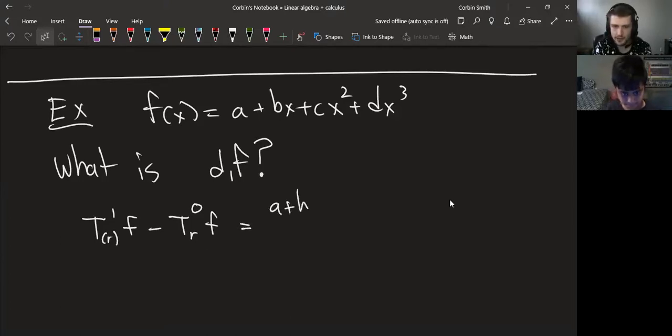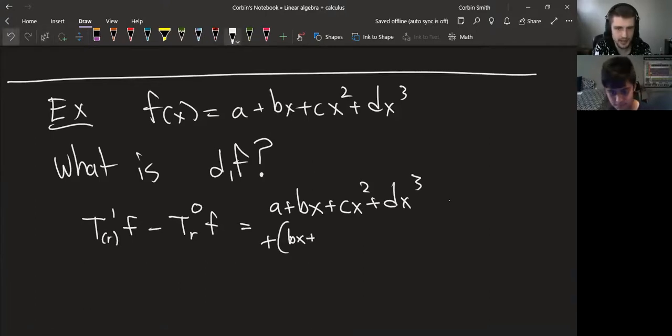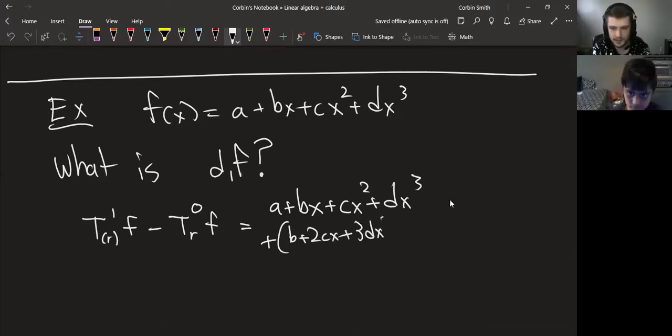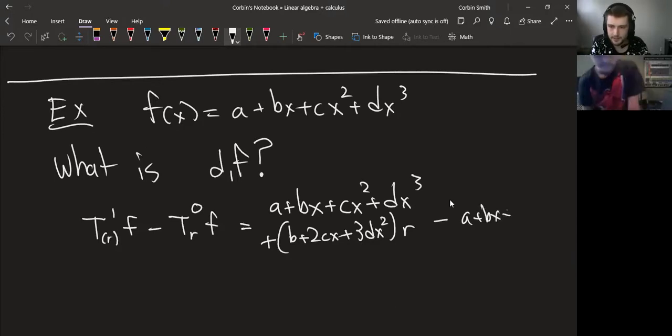That's a plus bx plus cx squared plus dx cubed, plus, in parentheses, b plus 2cx plus 3dx squared, times r, and then minus a plus bx plus cx squared plus dx cubed.